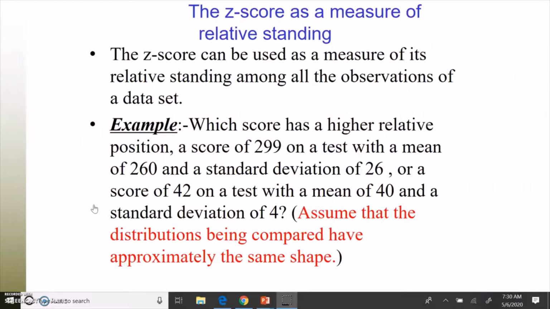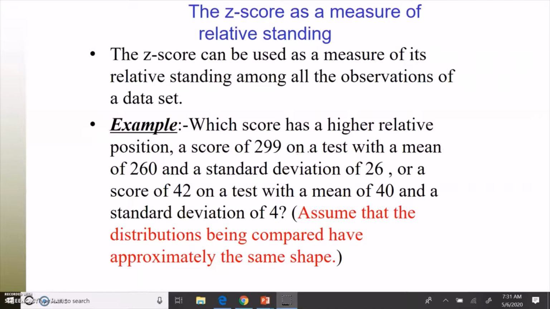The z-score can also be useful in determining relative standing. The z-score can be used as a measure of an observation's relative standing among all the observations of a data set. In order to understand this concept, let's see an example. Which score has a higher relative position?